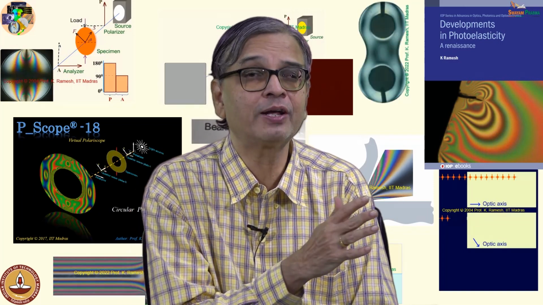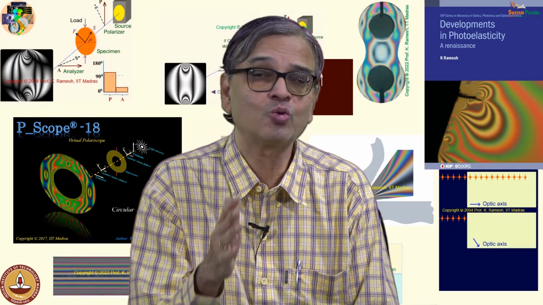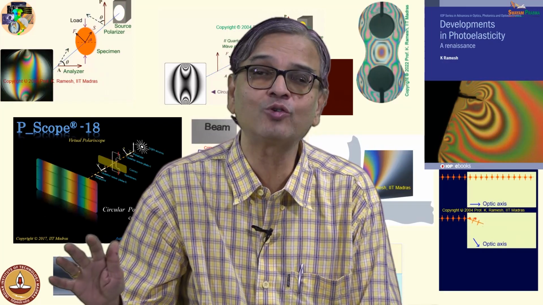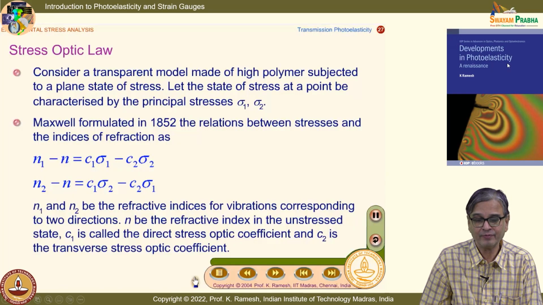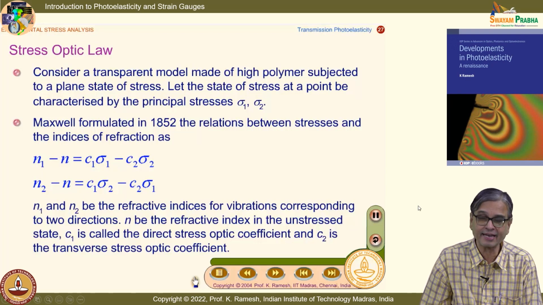So ranging from mechanical engineering, aerospace, zoology and biology, photoelasticity spreads its wings to all these areas. You have all this very well documented in this recent book. Those of you interested can have a look at it, because it is very difficult to compress a vast subject in a 1 hour class.